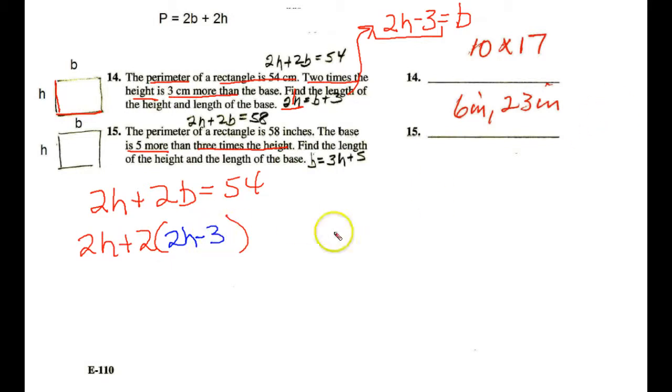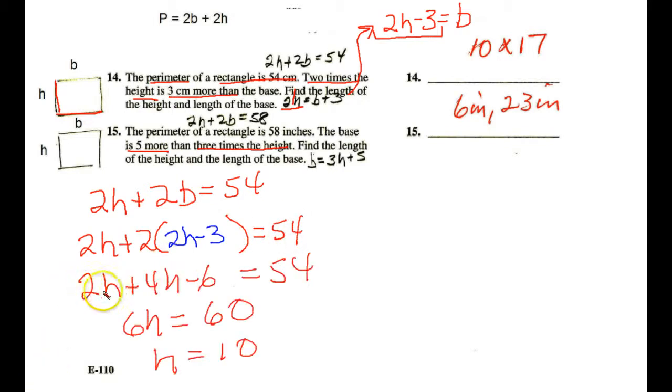And that we said equals 54. So we get 2h plus 4h minus 6 equals 54. Group our like terms. 6h, transpose that, becomes a positive 6 on this side, gives me a 60. Divide both sides by 6, h equals 10.